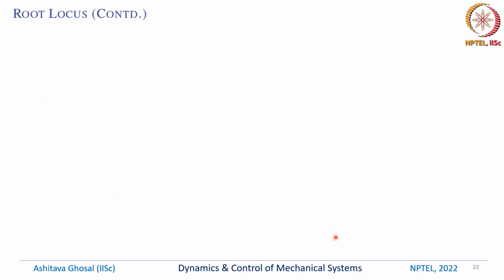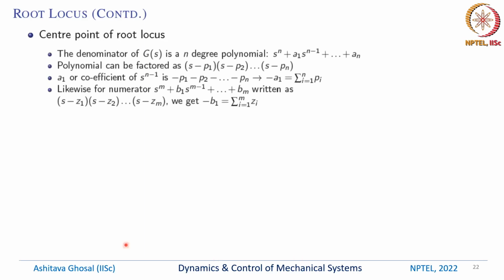So this is another important insight: as s tends to infinity, we can draw these radial lines, and the root locus will be asymptotic to these radial lines. We can also find the center point of the root locus in the following manner.